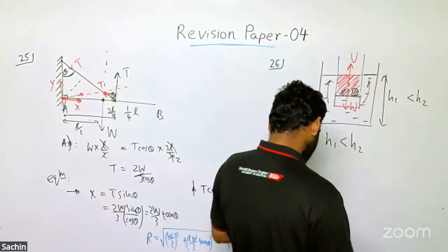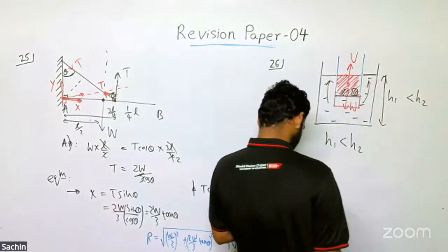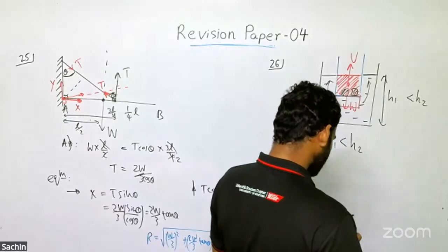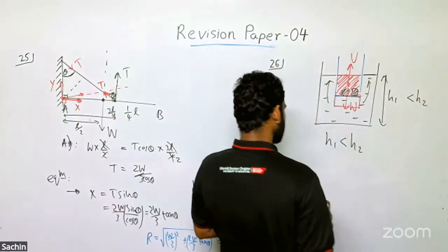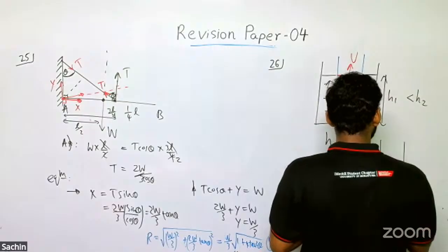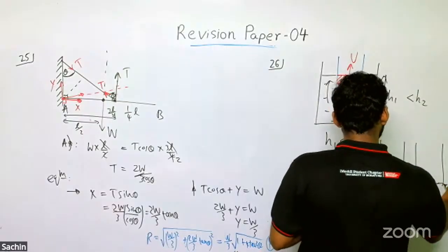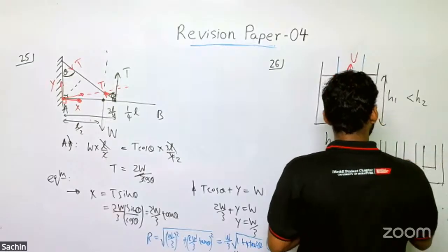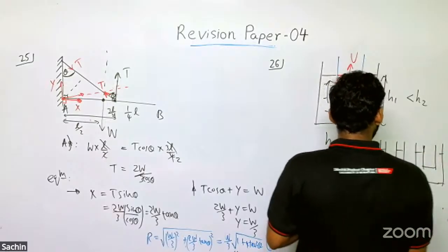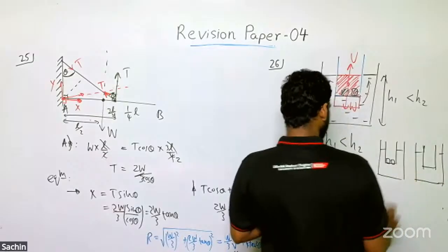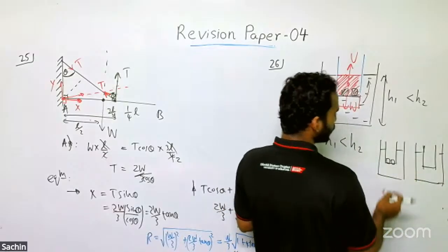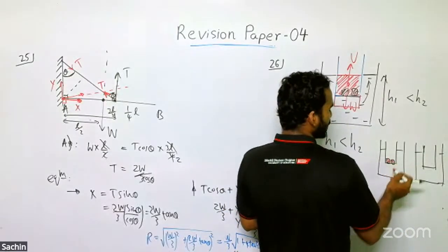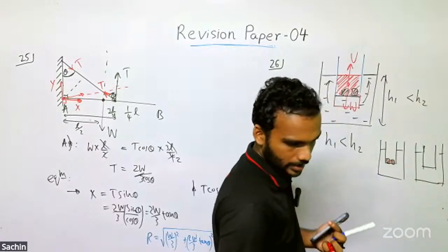When you compare 2 and 3, what is the difference? In 2, both objects are floating, and enough liquid volume was displaced.